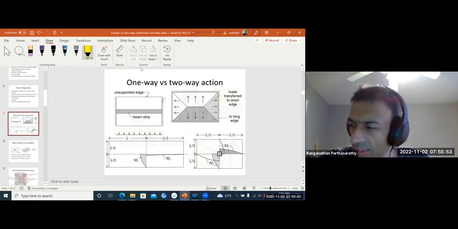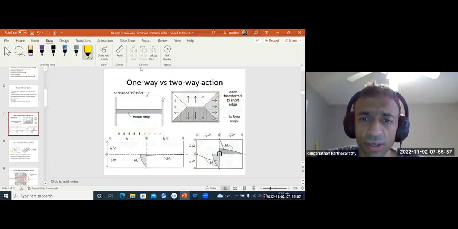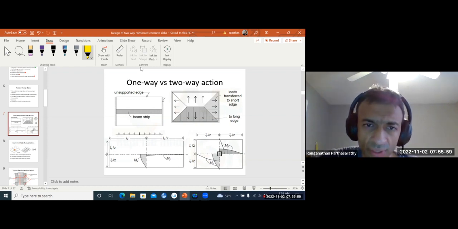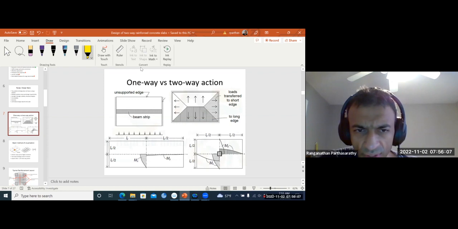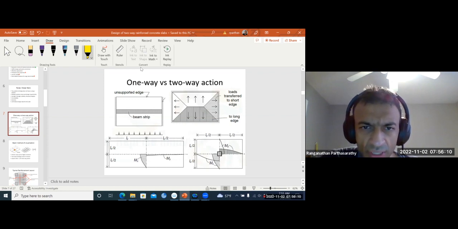Now the way in which the load gets distributed towards the edges is also different. Like we said, in one-way action, the supporting load almost all goes in whichever direction the majority of the bending is; that direction will take the maximum loads at the supports.